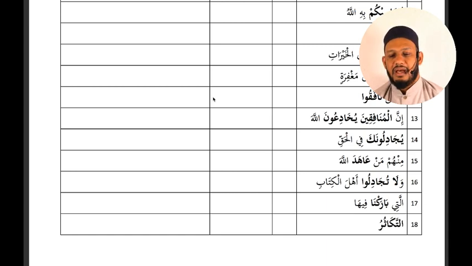Number 17. Allati barakna fiha. Baraka yubariku. Baraka here is going to be the madi. So 16, just a note, 16 is going to be the nahi, la tujadil, la tujadilu. 17 is going to be the madi.